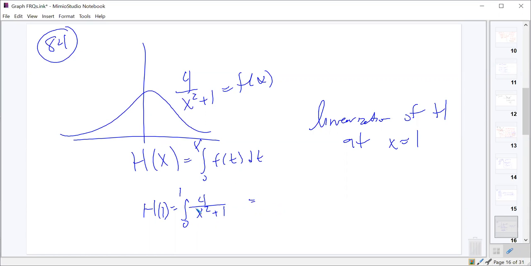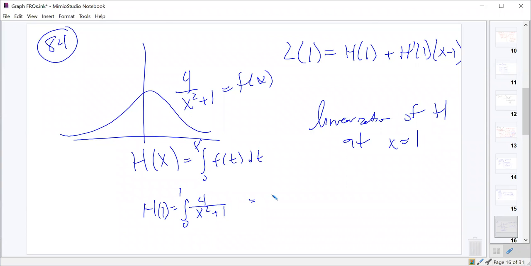So if we evaluate this, let's write our linearization. The linearization at 1 should be h of 1 plus h prime of 1 times x minus 1. And so h of 1 is this integral from 0 to 1.